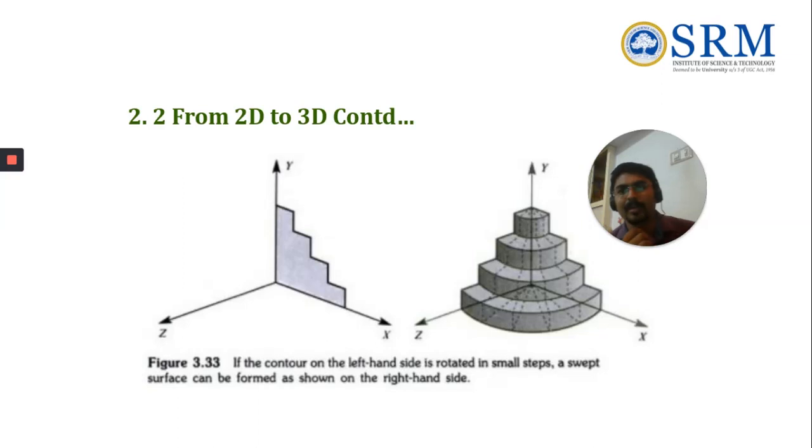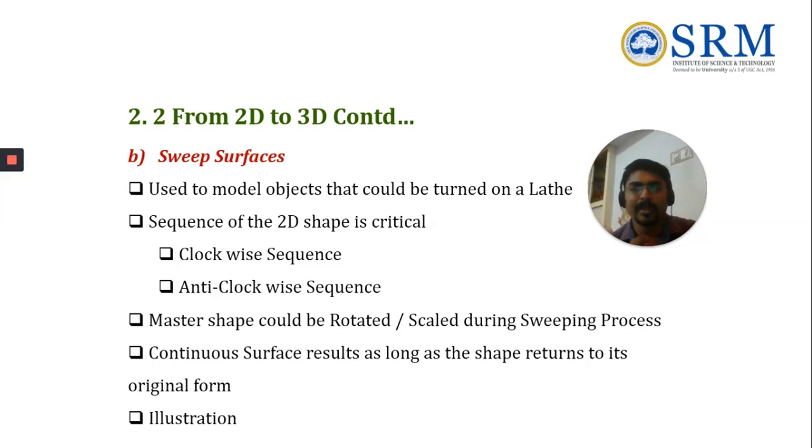We are just converting and rotating from the x-axis, y-axis to the z-axis. So we can have a clockwise sequence and an anti-clockwise sequence also. We can rotate a round shape also, and there is a continuous surface resulting as long as the shape returns to its original form. So if we rotate once, then it will come to the original form, whenever we complete the rotation. So that way we can do it.